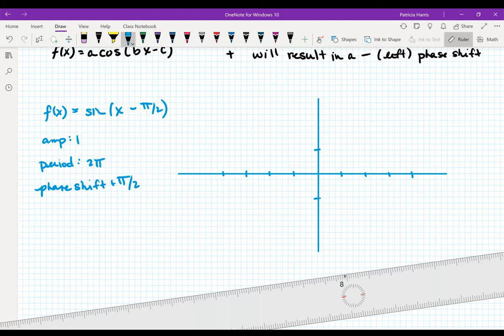Okay, so this is sine. So there's my positive side. Oops, I'm a little off there. Can't get rid of that one. Just one dot.